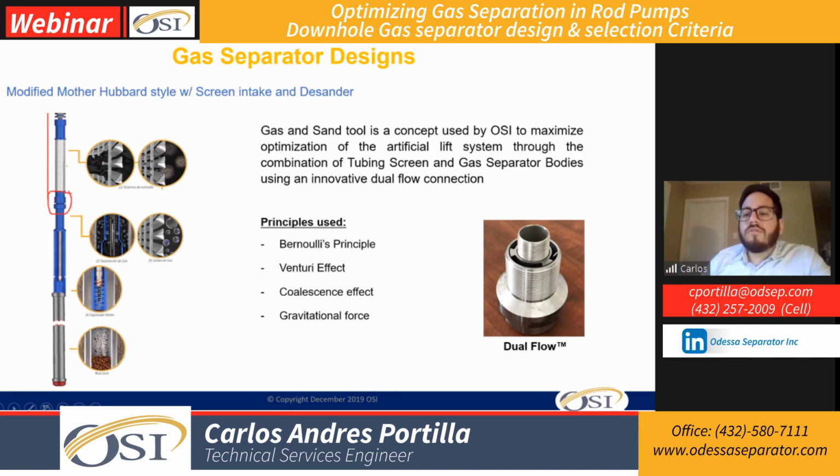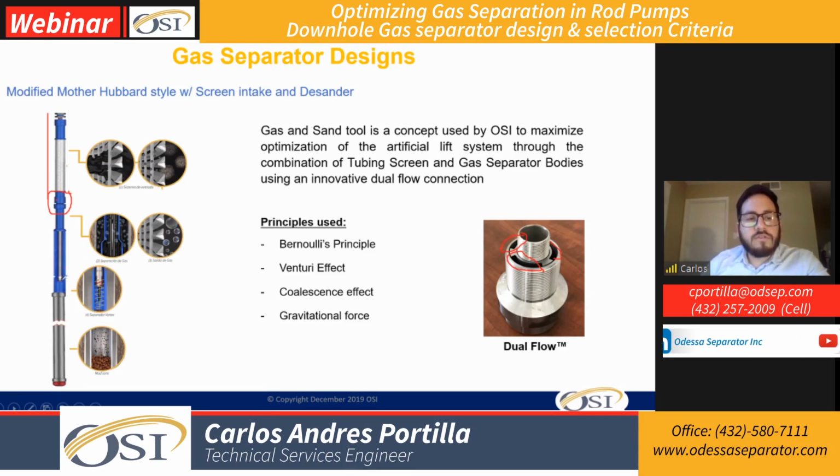What we want to do here is have those big bubbles be kind of filtered here. I will show you the video, but as you see, these are going to be the slots, where the fluid is going to flow downwards.